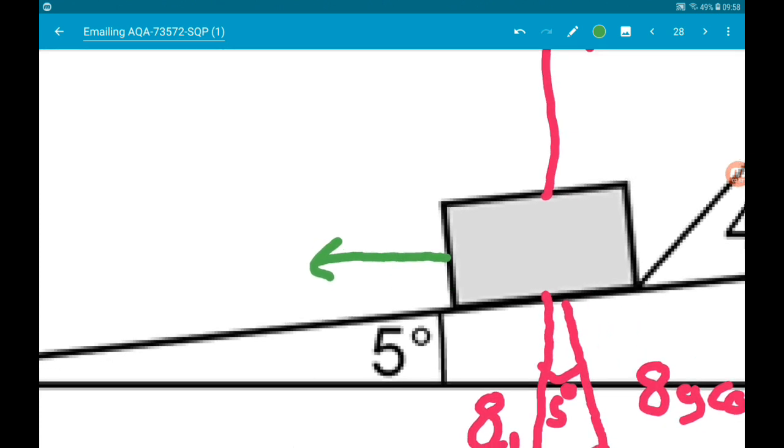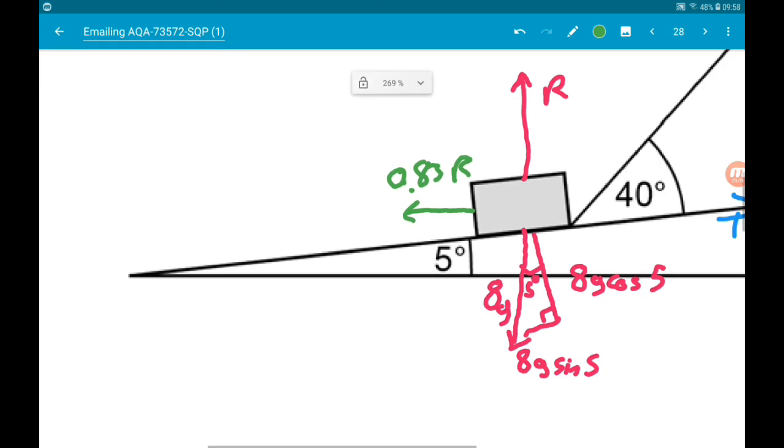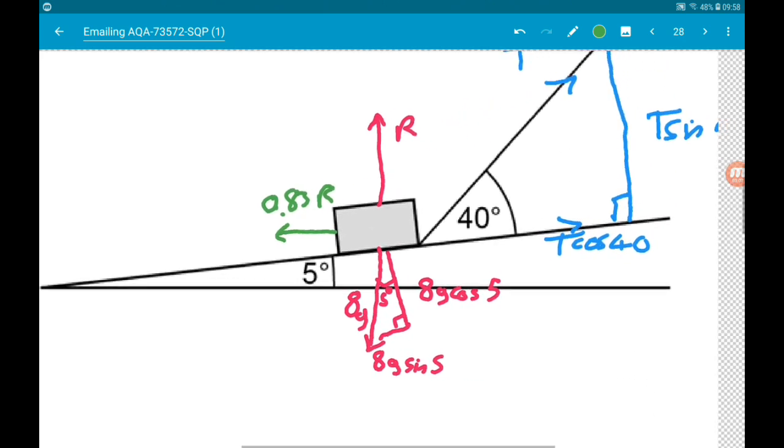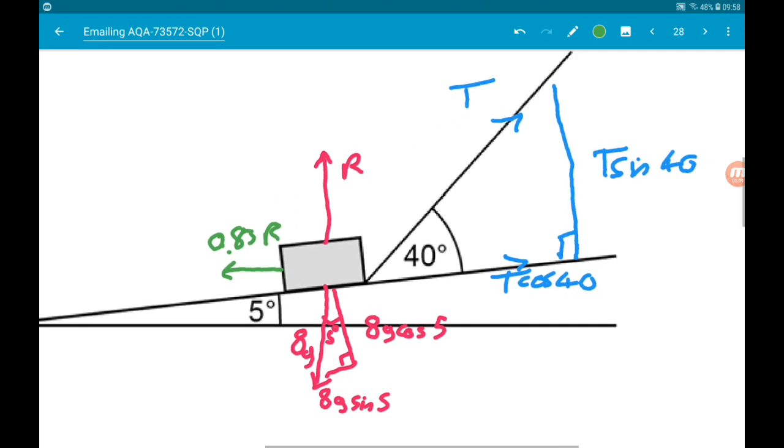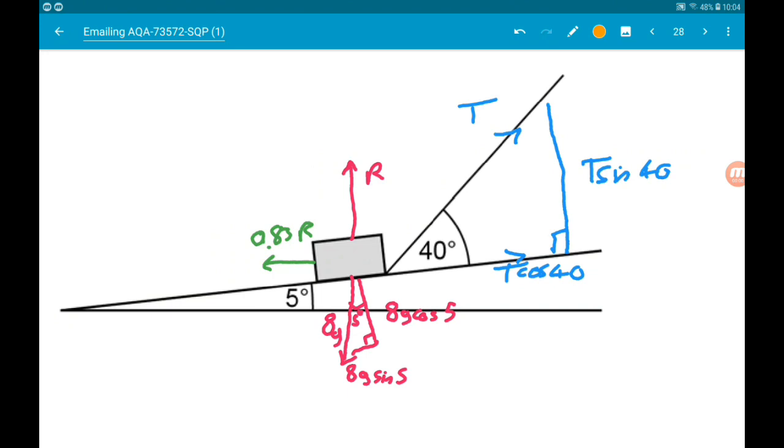So we know this is going to be 0.83 R. So that's how things are looking at the moment. Tasty. Okay, so at this point now then, where we have all of our forces down, we need to consider what is happening perpendicular to the board and what is happening parallel to the board.